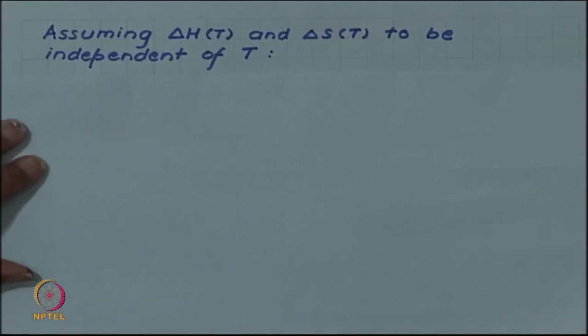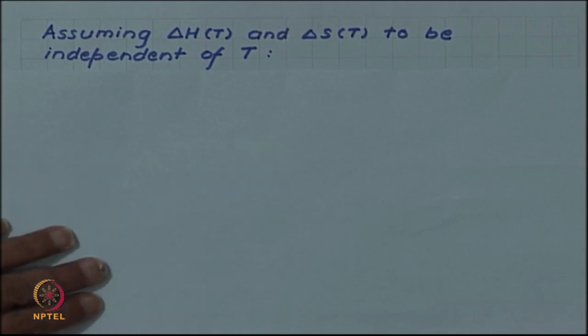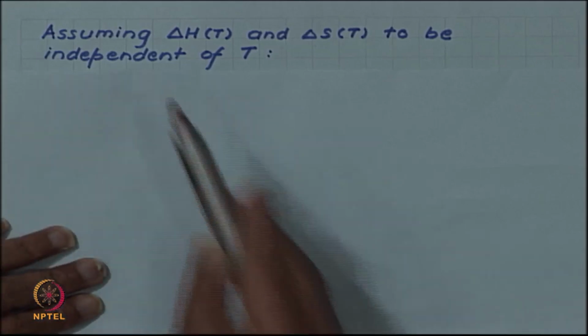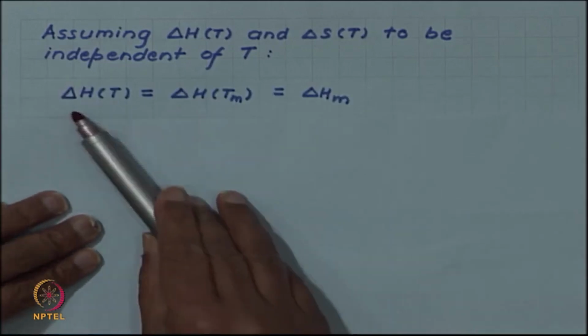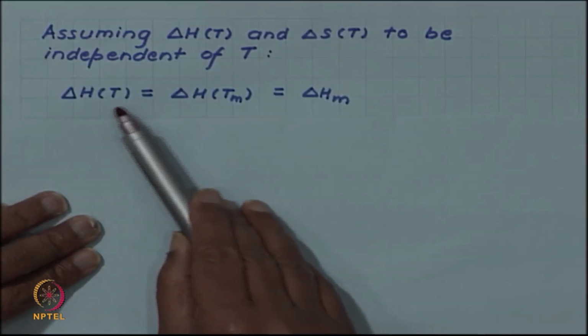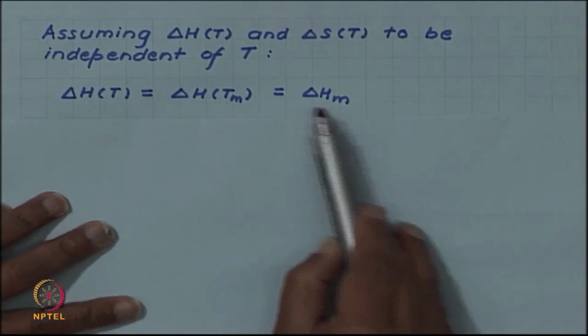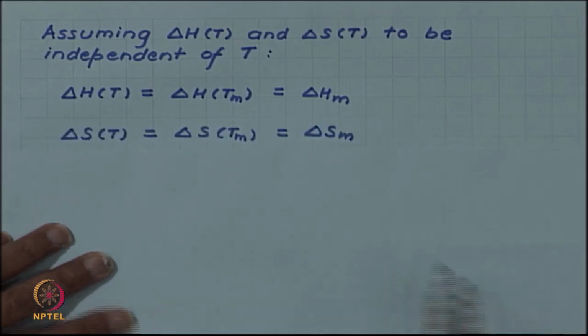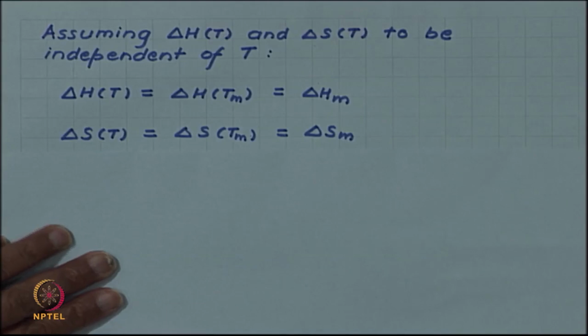If we now make an assumption that the variation of delta H and delta S as a function of temperature is weak, they are not varying rapidly and effectively they are independent, we can assign the value of delta H T equal to that at the freezing temperature delta Hm, and similarly delta Sm can be assigned to delta S T.